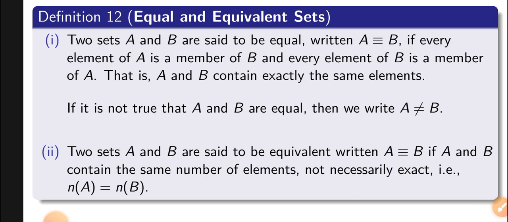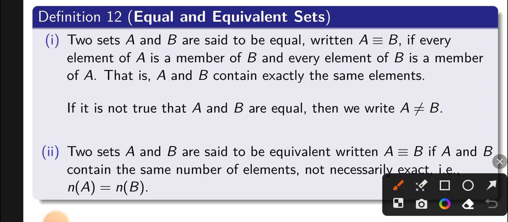Yes, they are equal. If every element in A is a member of B and every element of B is a member of A, that is, A and B contain exactly the same elements, that is equality. We are not talking about equivalence. Let me repeat.